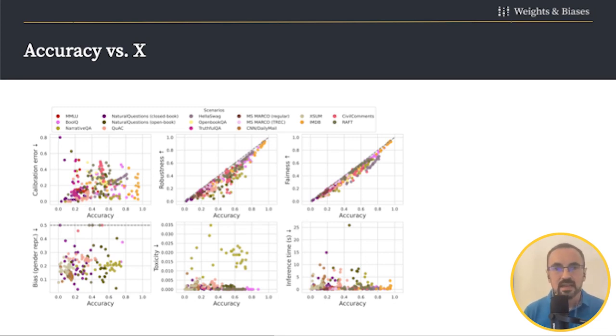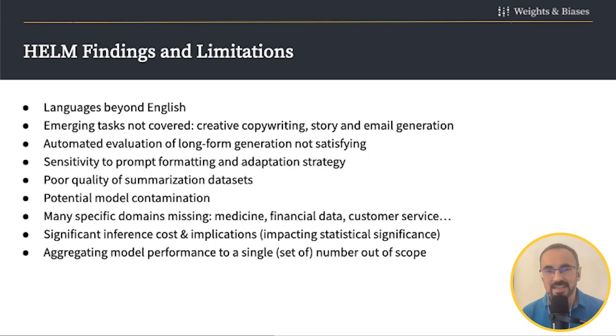So to summarize HELM, I apologize for this dense slide, but again, this is a super insightful paper. It highlights some of the limitations. It did not cover languages beyond English. It does not cover some of the emerging tasks for which language models are used, such as creative copywriting and email generation. It found some limitations in evaluating long form generation.